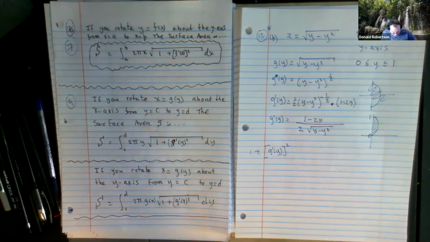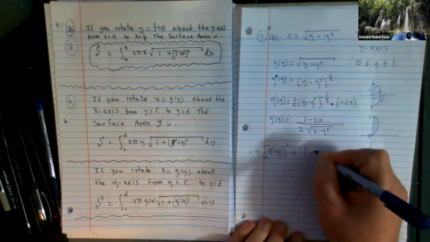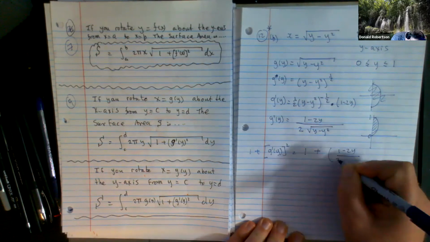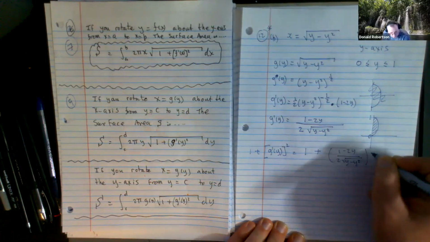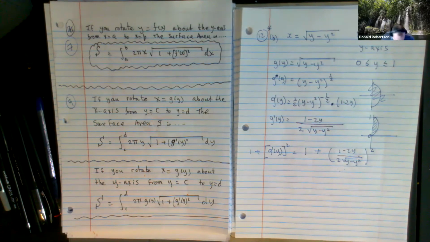That's exactly what I'm going to do here. So it's going to be 1 plus all of this. When you signed up for Calc 2, we should have said you sign up for Calc 2 plus horrible algebra, because you have to do a lot of algebra, especially in these sections.